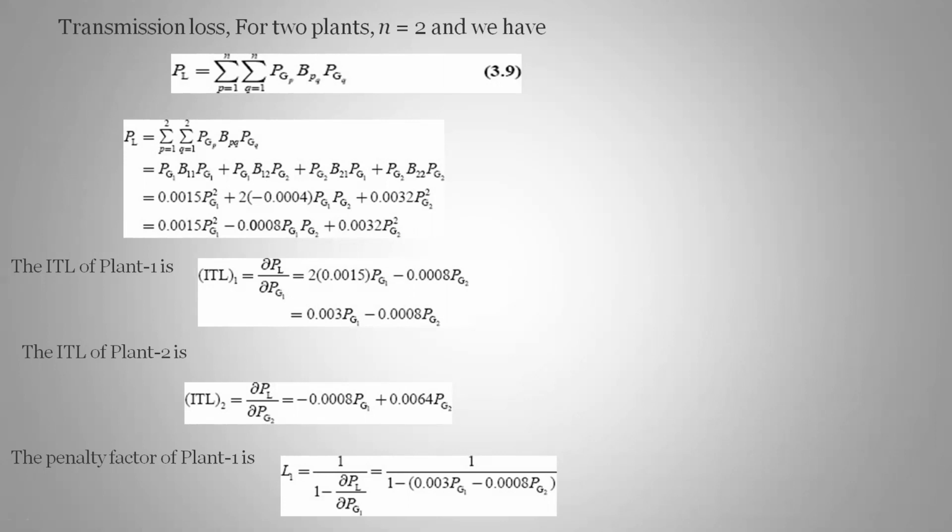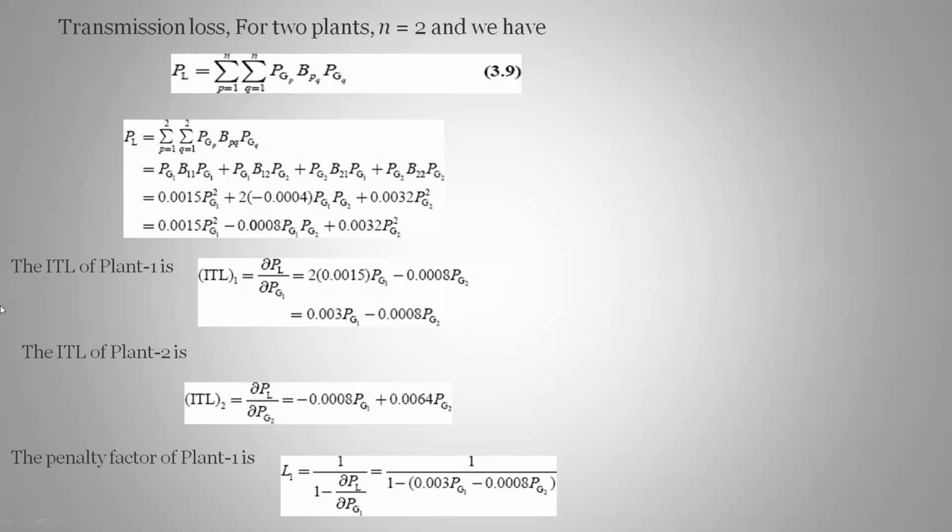In the transmission loss, the first plant to second, B12, is equal to second to first, B21. Because you are substituting the values, B12 is given as minus 0.0004, PG1 PG2, plus PG2 square, B22 is 0.0032. All the values are substituted: B11, B12, B22.